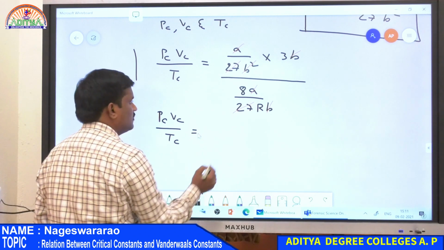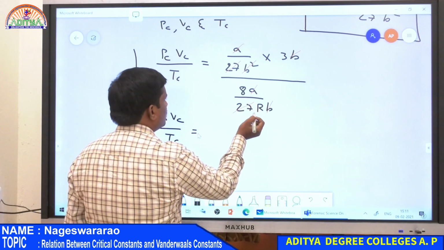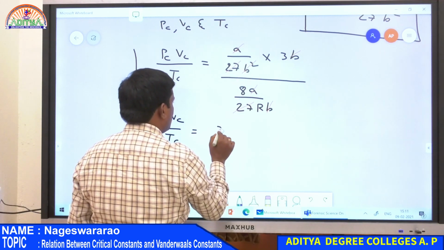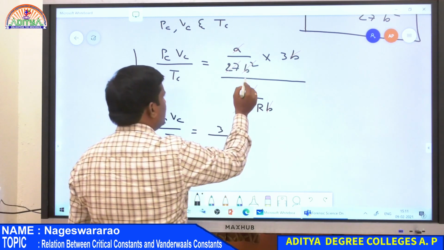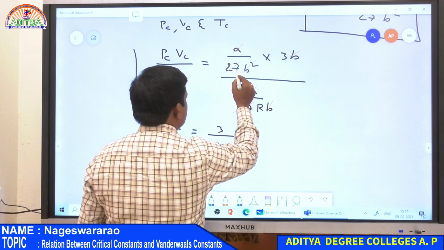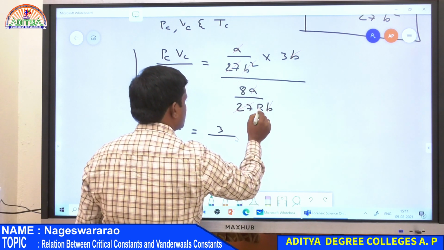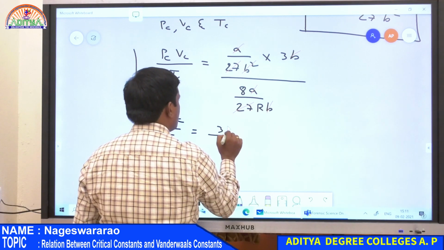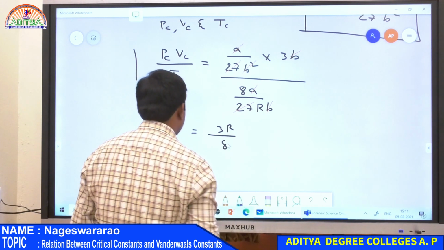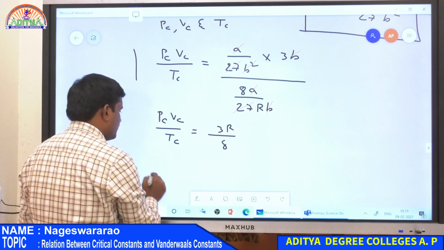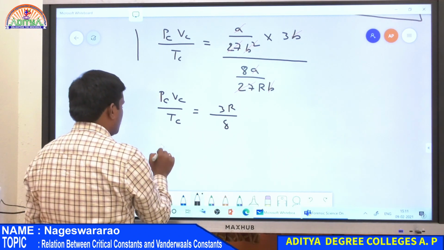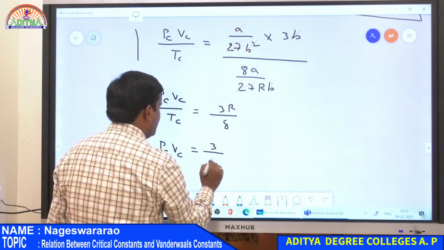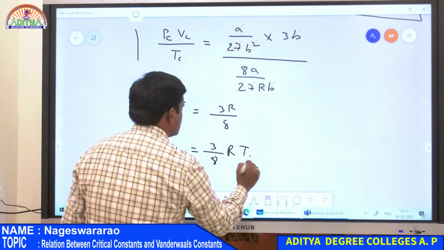So here 3 in the numerator, no more term, divided by any term here. So all get cancelled. So one more R. So 3 R divided by 8. So simply this is given by PC into VC, that is equal to 3 by 8 into RTC.